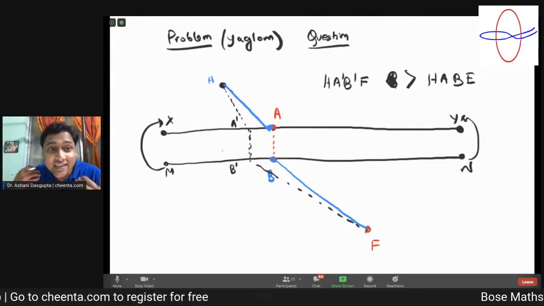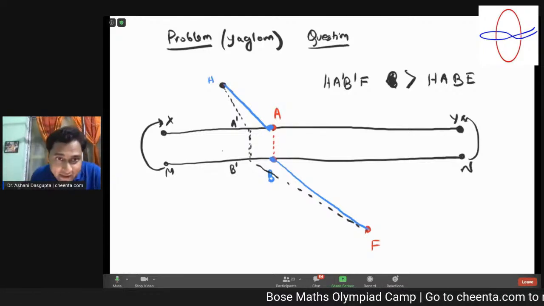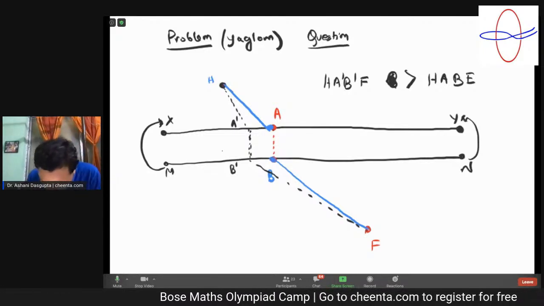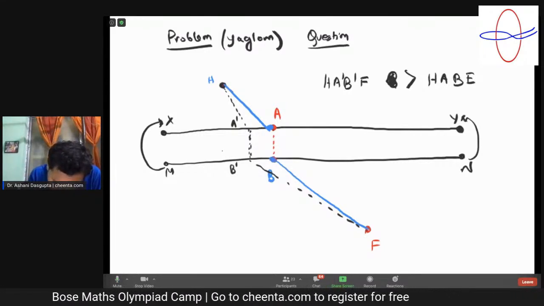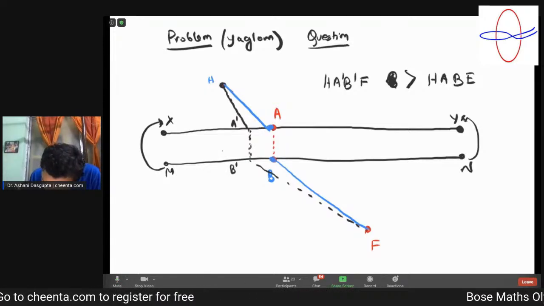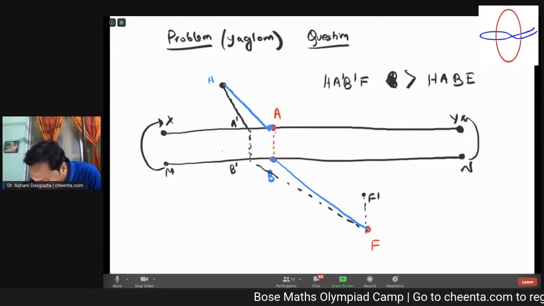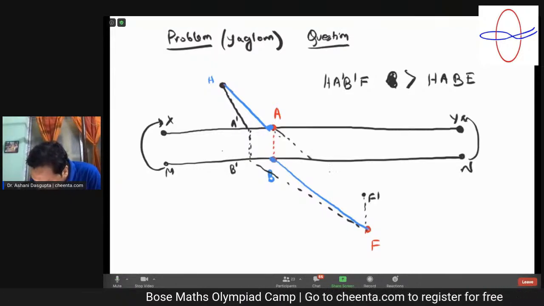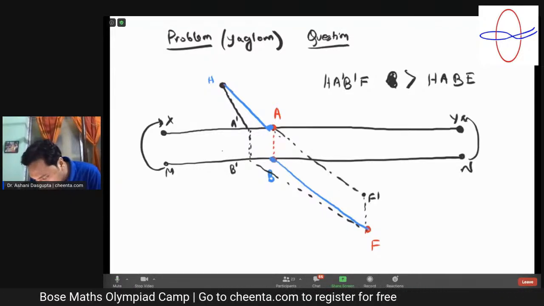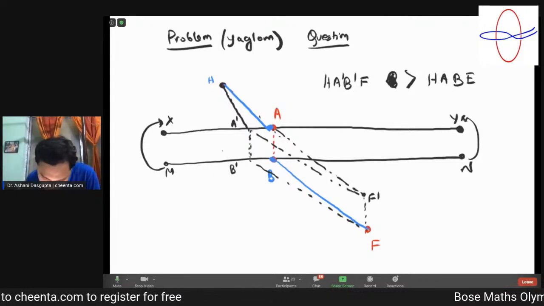Let's do the translation one more time. If we take F back to F prime, the picture becomes like this. H A prime, F prime is here. We know that this is a straight line, and this will come here.